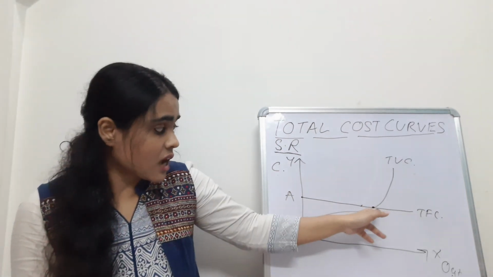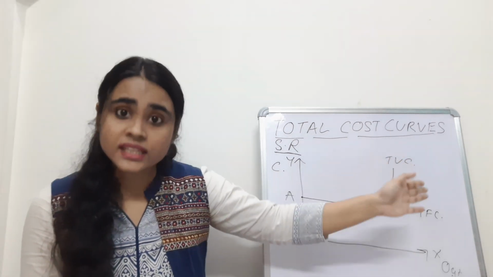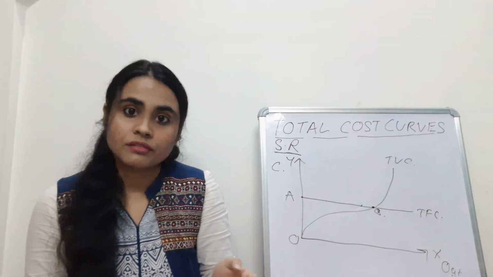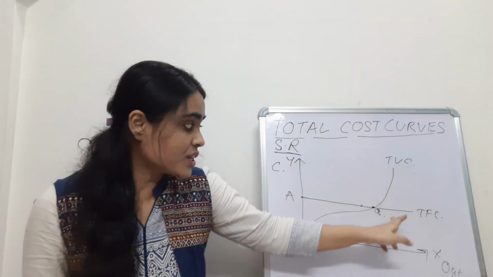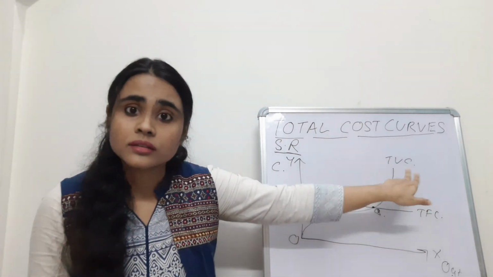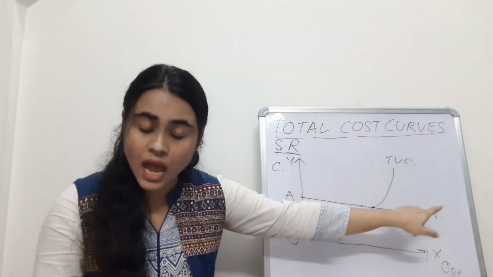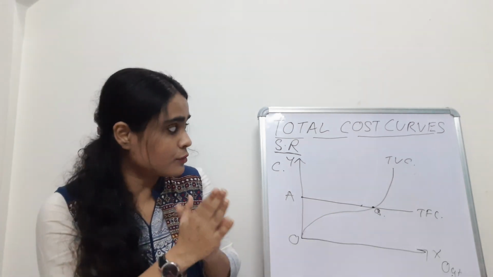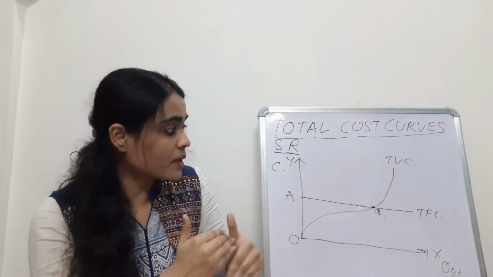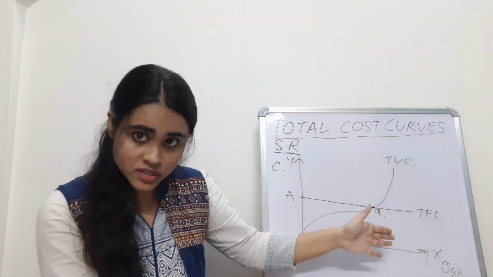And next, after Q, it is increasing at an increasing rate. So we are getting decreasing returns in variable inputs. After point Q, we have overutilized the fixed inputs, and there is a difficulty of management, as we have already properly utilized all the fixed inputs in our production process.